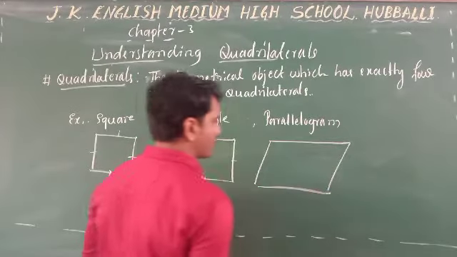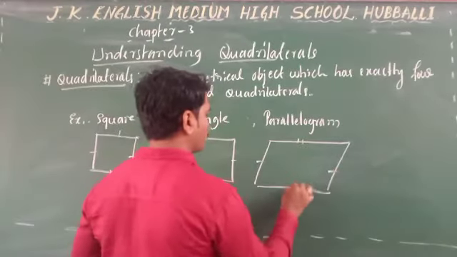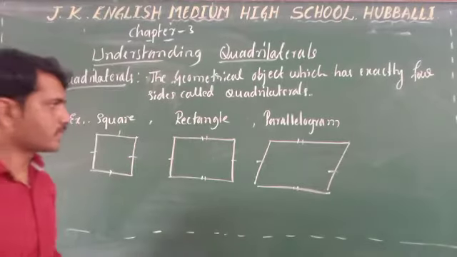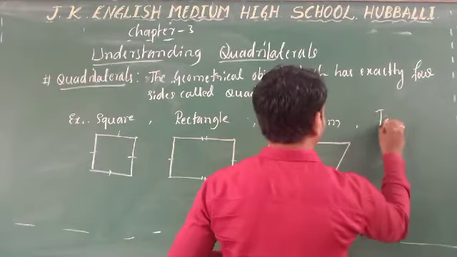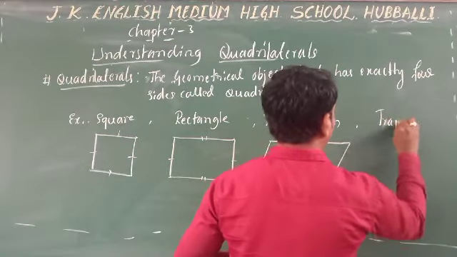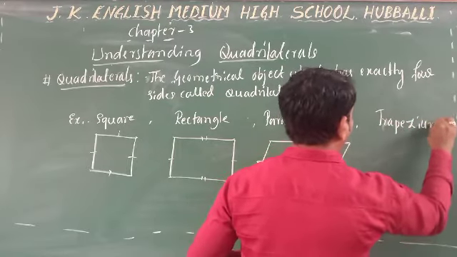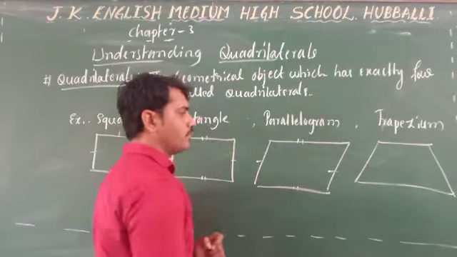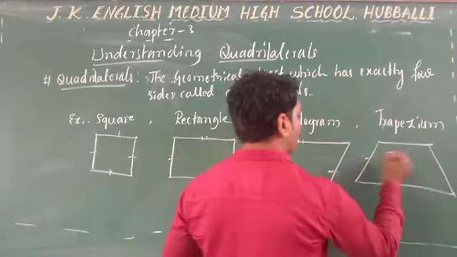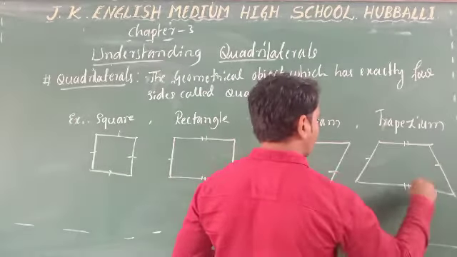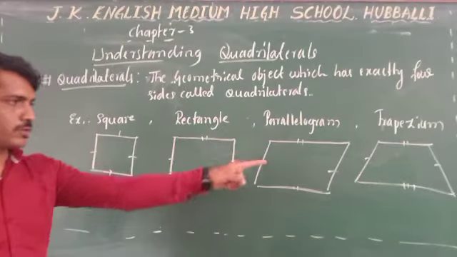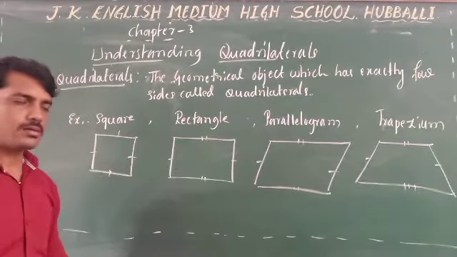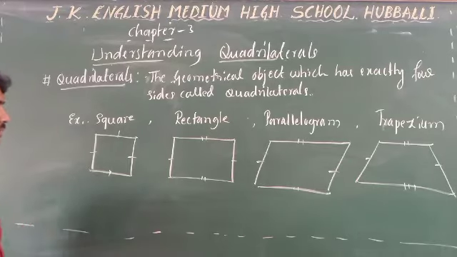In parallelogram, how many sides are there? 1, 2, 3 and 4. Next, trapezium. In trapezium, how many sides are there? So here also 4 sides. Correct? 1, 2, 3, and 4. So these two sides are equal. These two sides are not equal.